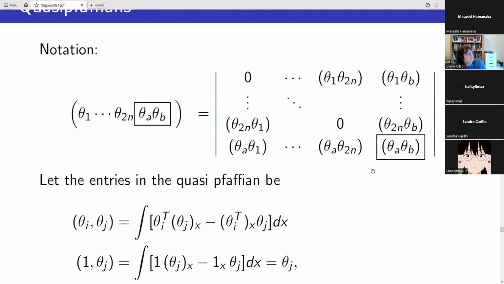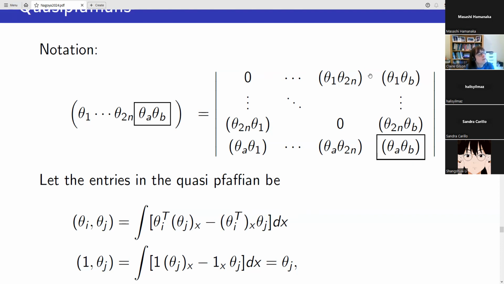So the quasi-Pfaffians here are, if I write down with lots of thetas, this means, by the way, down the leading diagonal I put zeros, but I think I'm actually going to probably need to have a theta 1 term, but we'll not worry about that here.